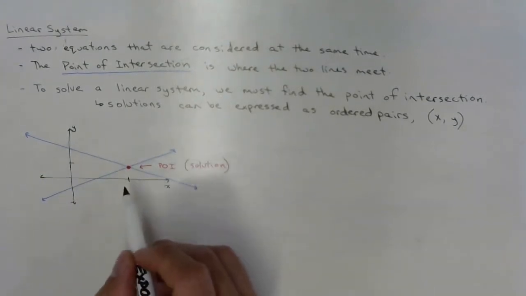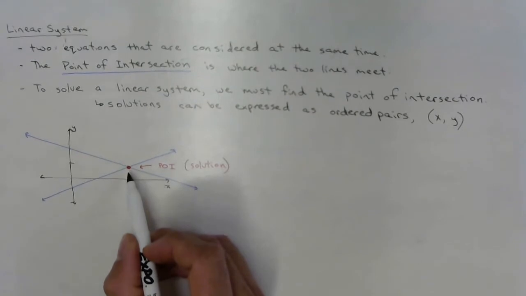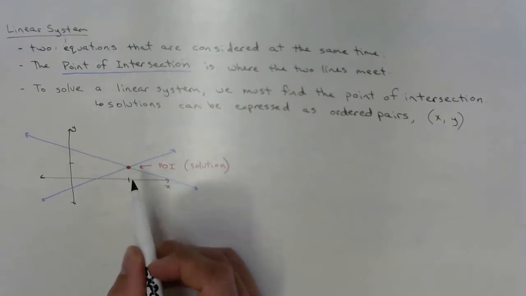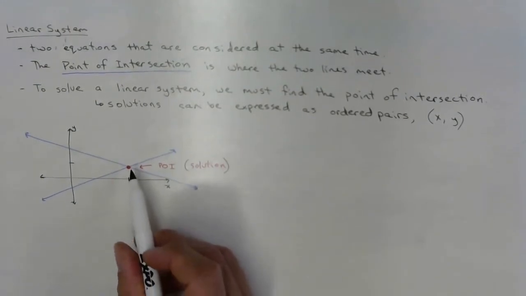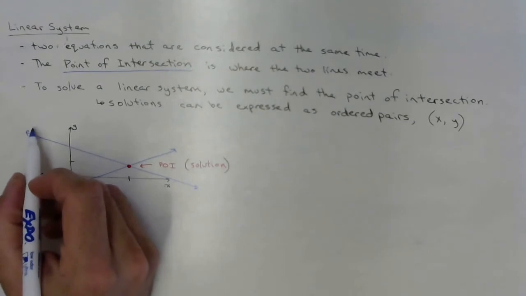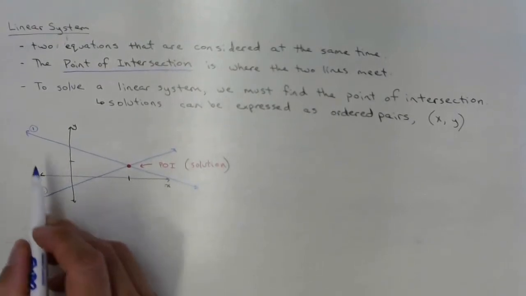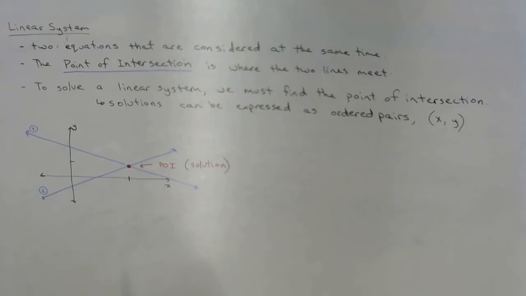That then is the solution. These lines cross where this x and this y are on both lines. This is the only ordered pair that will satisfy both equations. What does that mean? It's the only place on the whole grid where line 1 and line 2 both go through it. Okay?